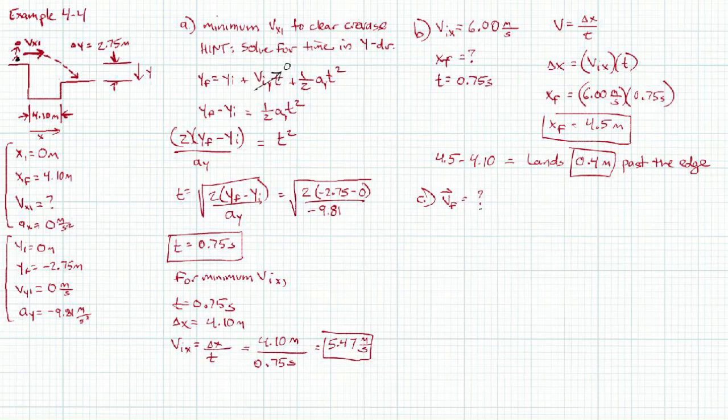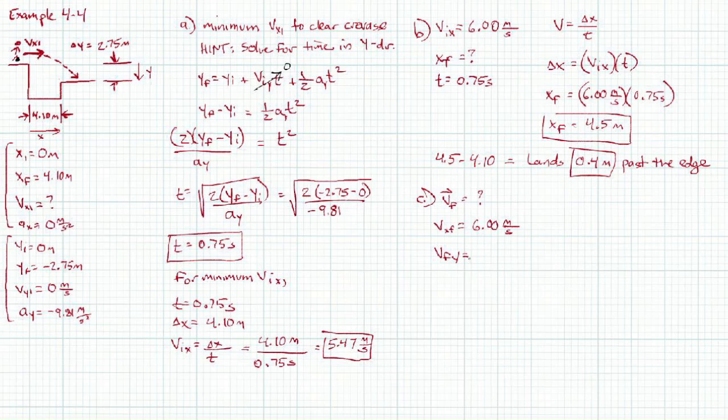That's what we want to find. We know the x because in these second parts, B and C, v in the x direction is 6.0 meters per second. And it's not going to change because there's no acceleration in the x direction. But we want to find the final velocity in the y direction.